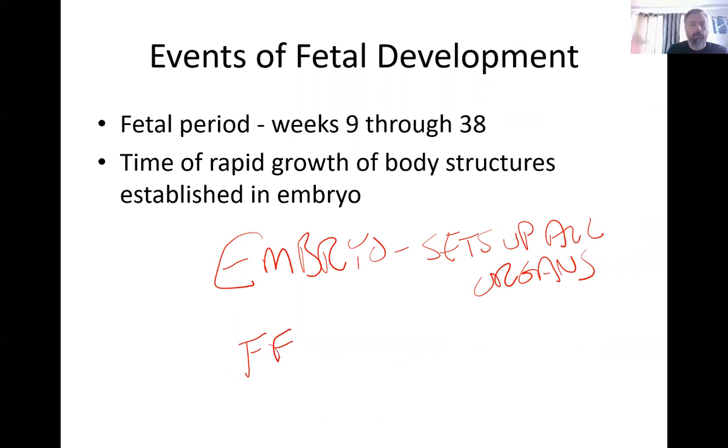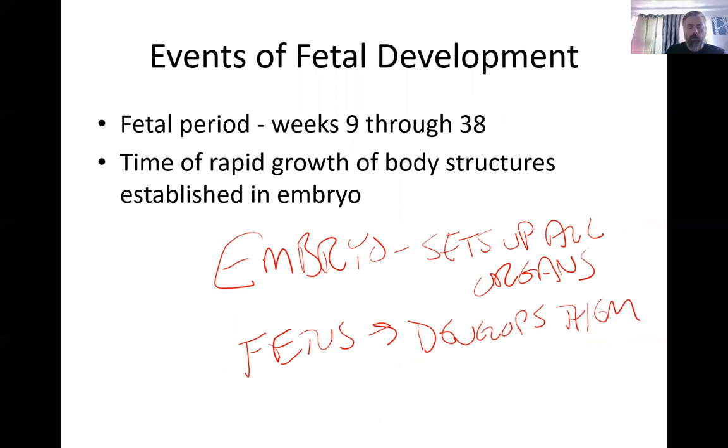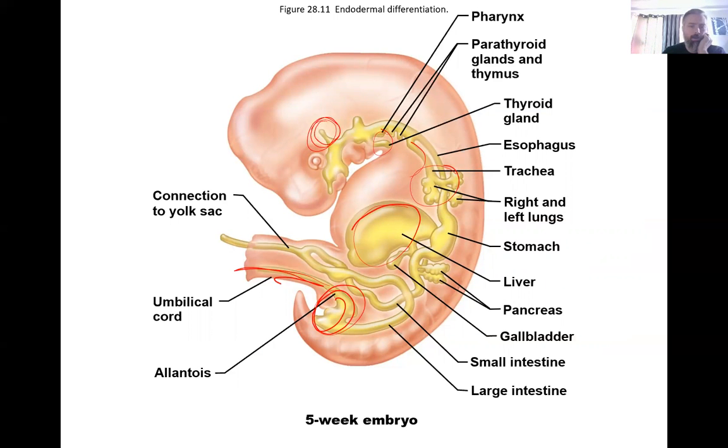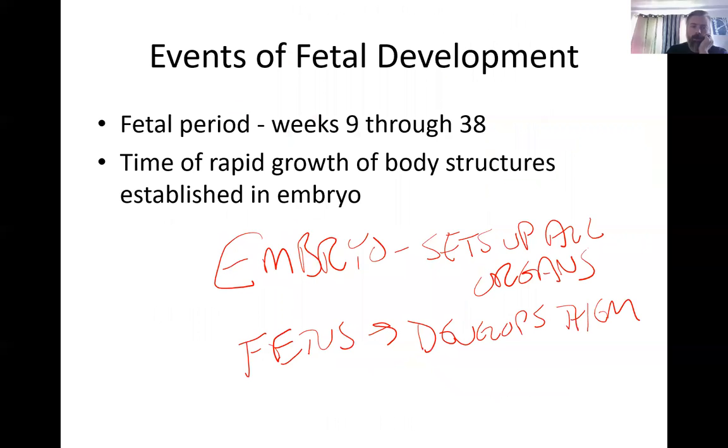The fetus develops. I think back to this little cartoon, there's little stubs of all of these things. Nothing's really functional, but the groundwork has been laid. The fetus is just about turning those things into functional things. Nothing really novel happens here. We're just taking the blueprint we've been given and making it useful.